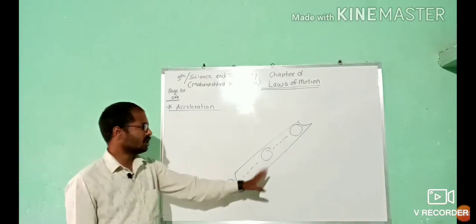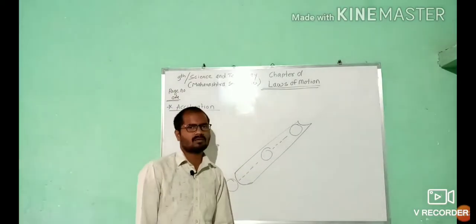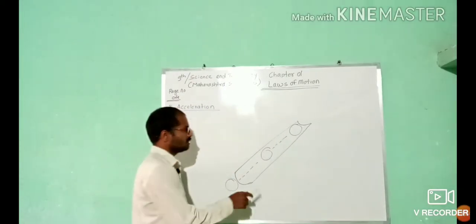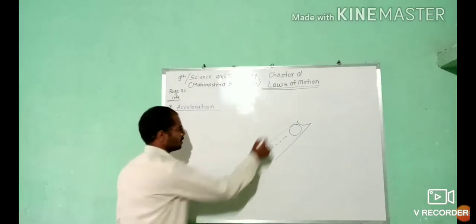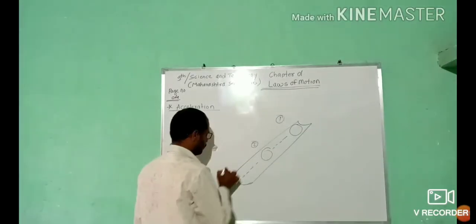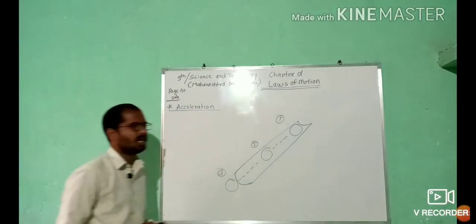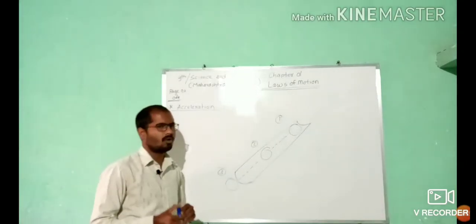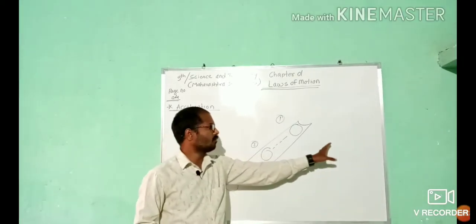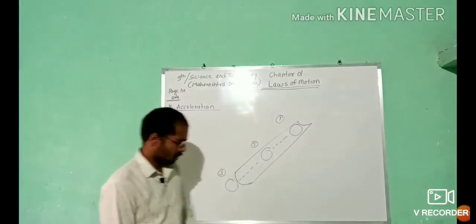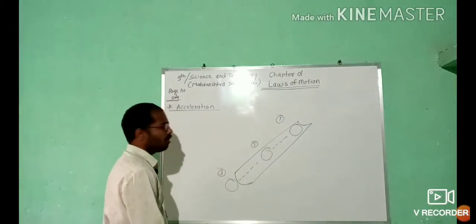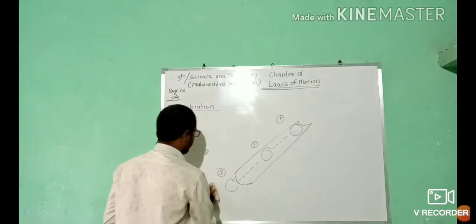Okay, so there is a change in velocity. In your textbook they ask the question: does the velocity remain the same for all positions, suppose position 1, position 2 and position 3, of that ball? So the answer is no, the velocity of the ball will change there. Okay, now you have observed that there is a change in velocity.